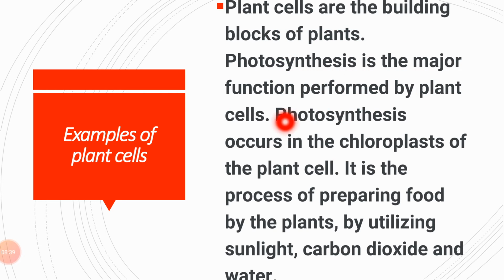Photosynthesis is the major function performed by the plant cell. So plants have to prepare their own food, and how do they make it? By the cells that are present. These cells help the plant to prepare their own food.